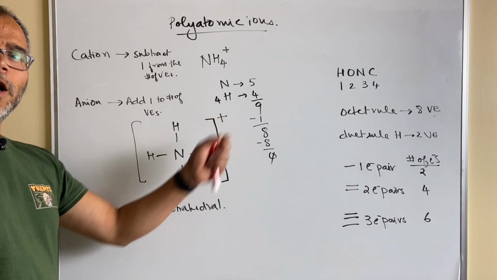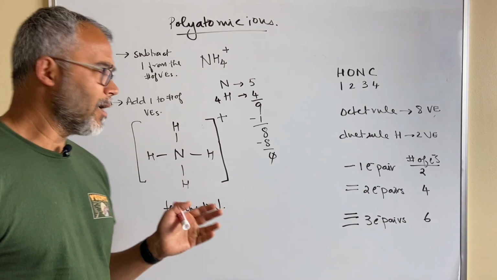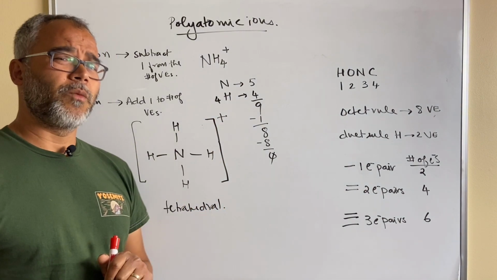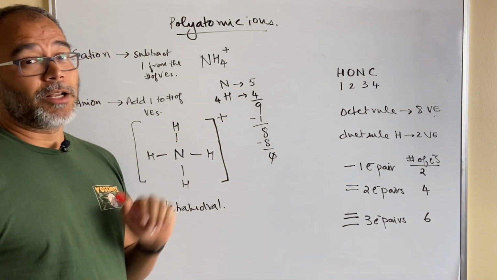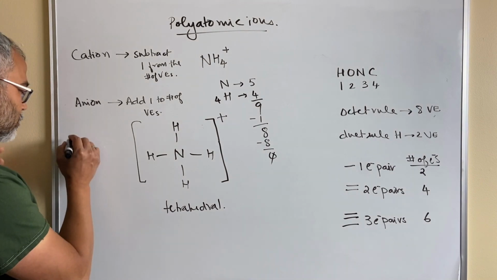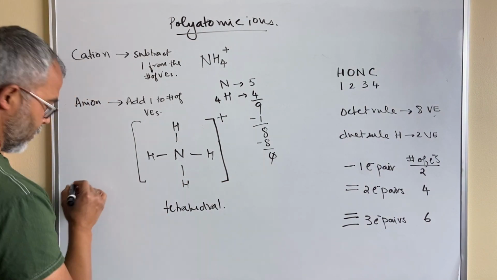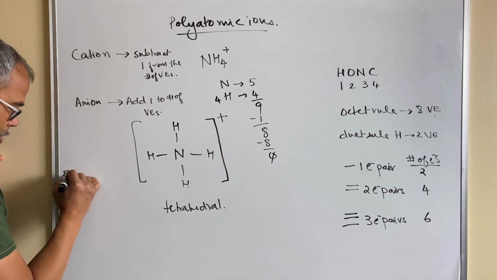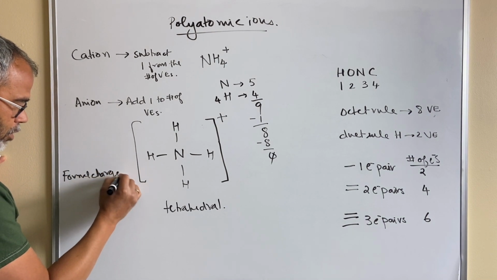Let's talk about that charge for a second. If you had to try to figure out exactly where that charge is sitting, on which atom, in order to do that, we have to look at the concept of formal charges. Okay, so let me introduce the concept of formal charges out here. Let me write that out here. Formal charge.